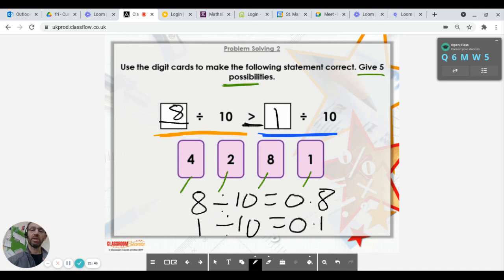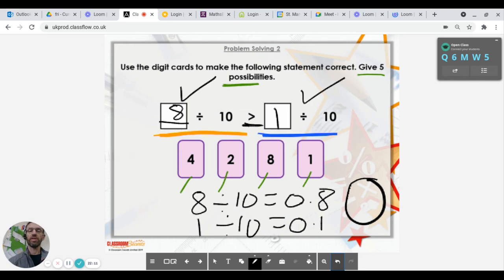If I had a pizza and I divided it into tenths, and I had 8 tenths for me and 1 tenth for you, because I'm bigger than you, I think that's fair. I'm going to have more. So this is now true because my 8 tenths on this side here is greater than your 1 tenth.